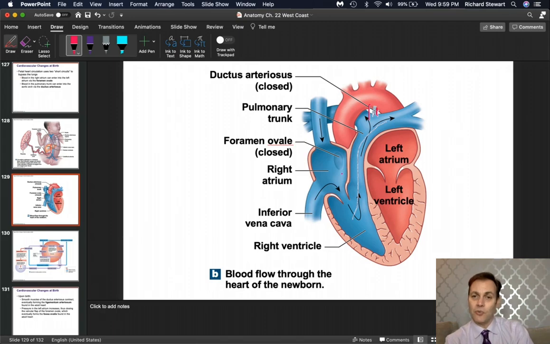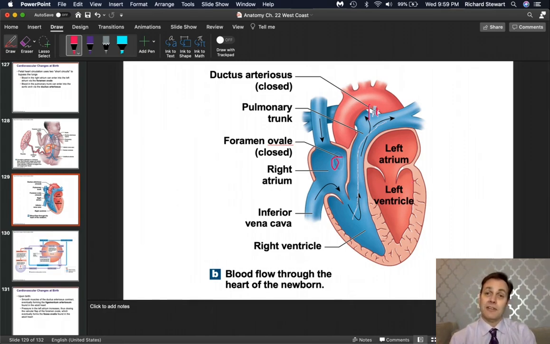Okay, so we normally have a little hole. So the foramen ovale is this hole right here. It's going to go so blood can come into our right atrium, and it goes right into our left atrium, and it goes to the left ventricle, out through the aortic valve, through the aorta, throughout the body. Just ways to bypass.